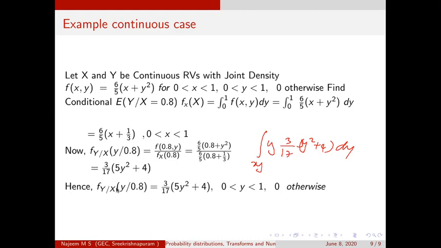This is the conditional distribution of y given x.